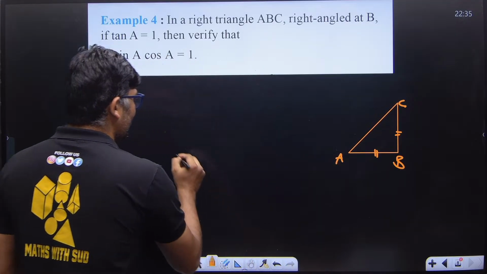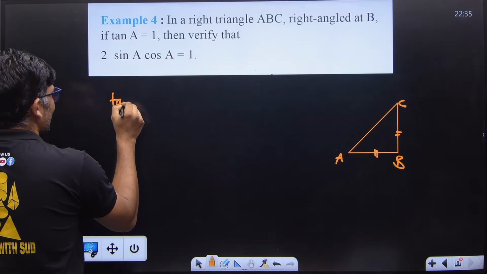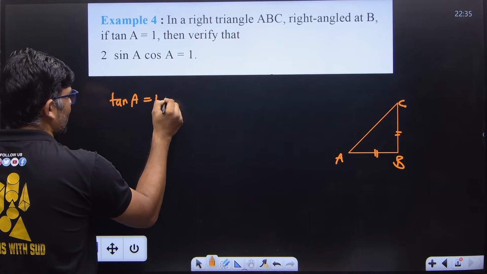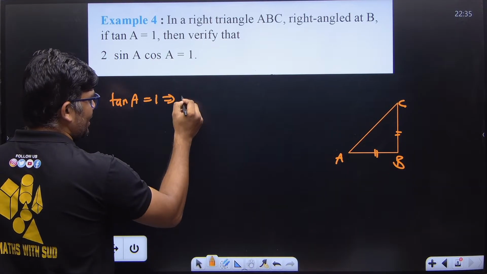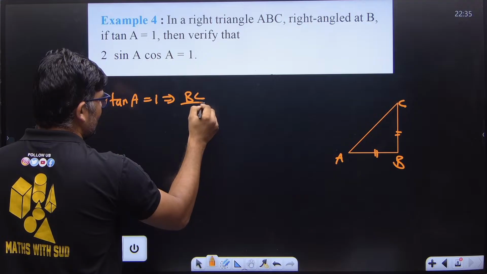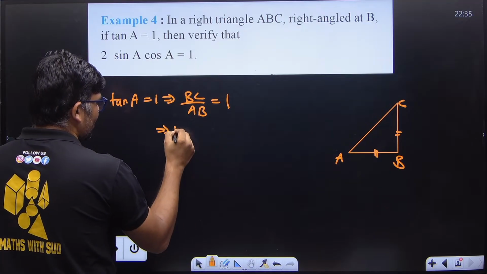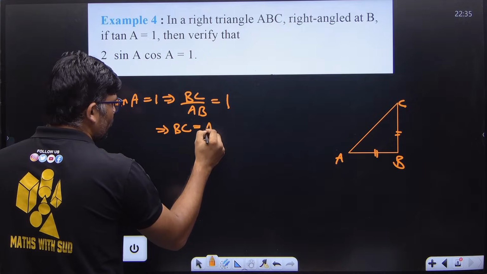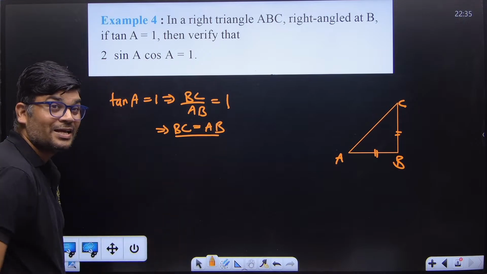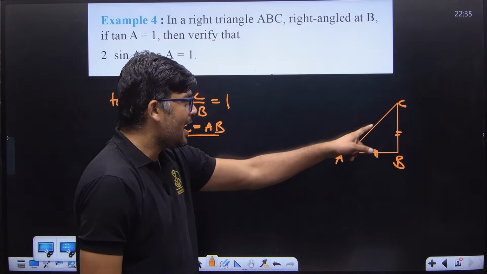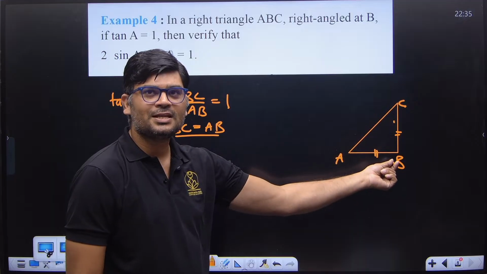Because if I write tan A is equal to 1, it implies that BC upon AB is actually 1. So they are saying that BC is equal to AB. And you can also say that these angles are 45 degrees because this is 90.